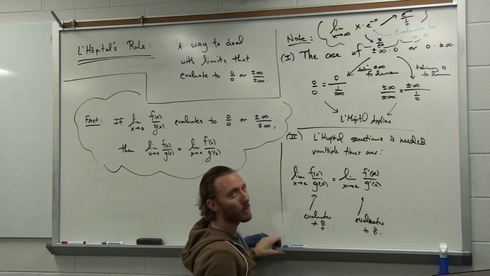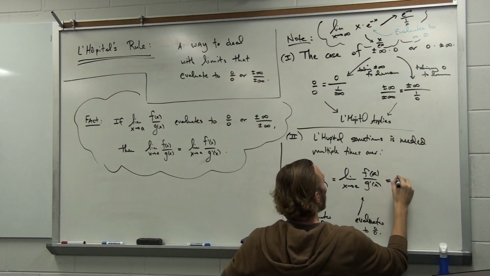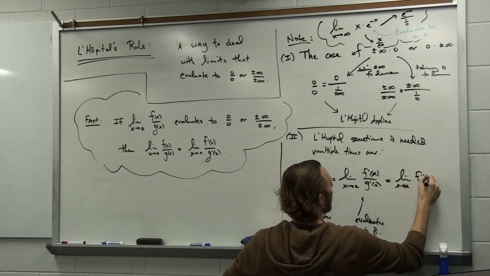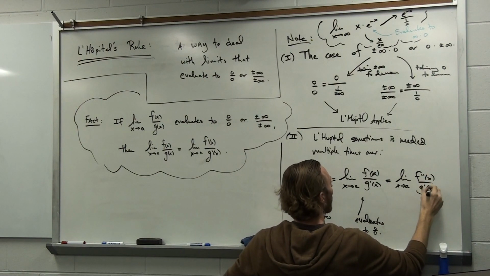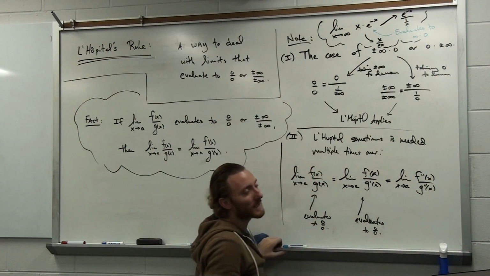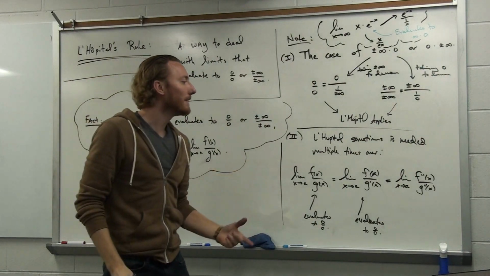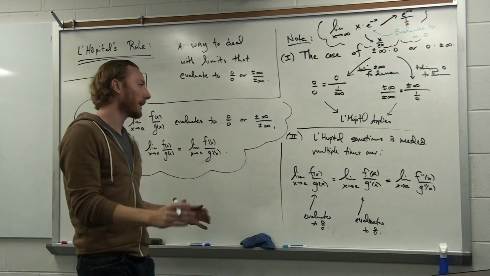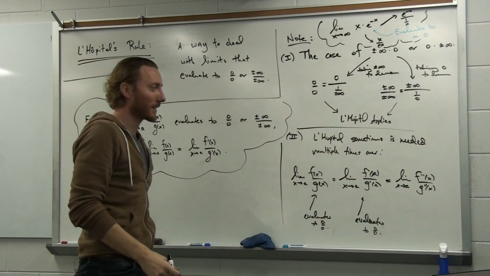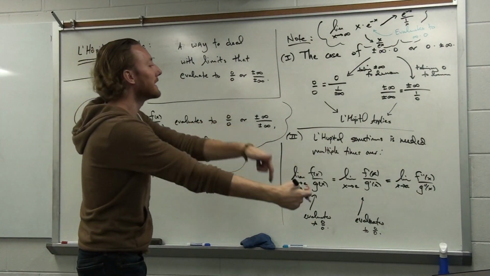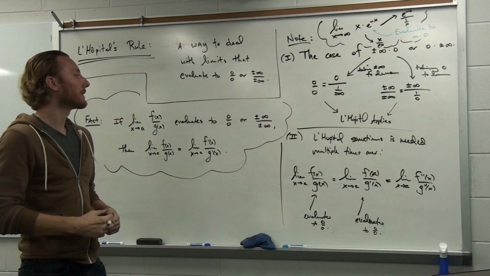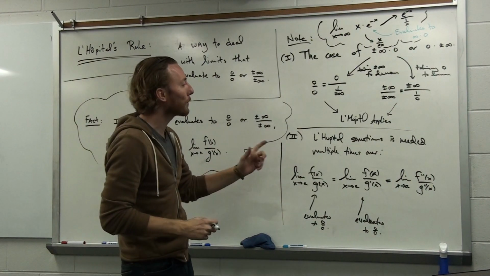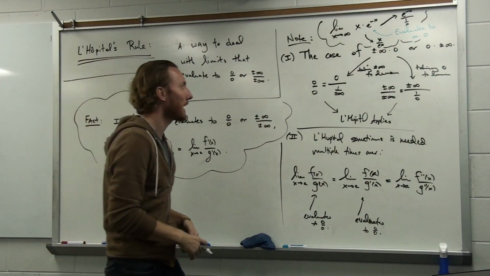Then L'Hopital's rule applies to this, and we could take another derivative. So we could take the derivative of top and bottom again, and now maybe this evaluates to something clean and simple, and you're done. Or maybe that evaluates to 0 over 0, in which case you need to take another derivative to use L'Hopital's rule again. But the idea here is that L'Hopital's rule can be applied multiple times over.